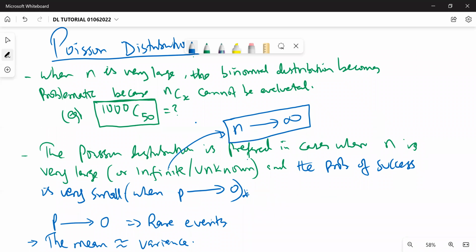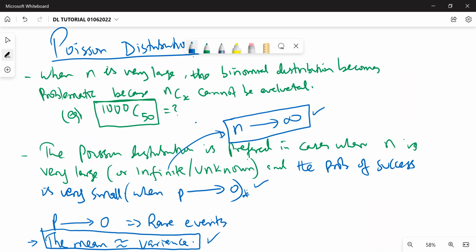The mean is approximately equal to the variance. So those are the scenarios which call for the application of the Poisson distribution: when n is very large, when p is very small, and when the mean is very close to the variance.